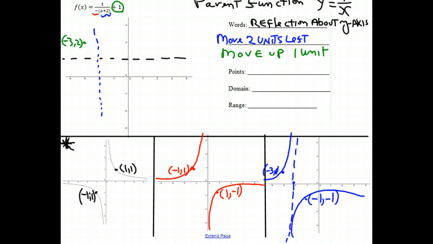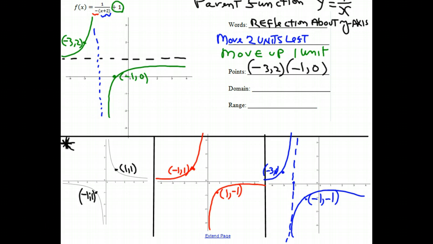And our point at negative 1, negative 1 now moves up to negative 1, 0, which is right there. And now we can sketch our graph going through those points, keeping in mind the two asymptotes. And it'll look something like that. So we now know where our 2 points end up: negative 3, 2 and negative 1, 0. Those are our points.